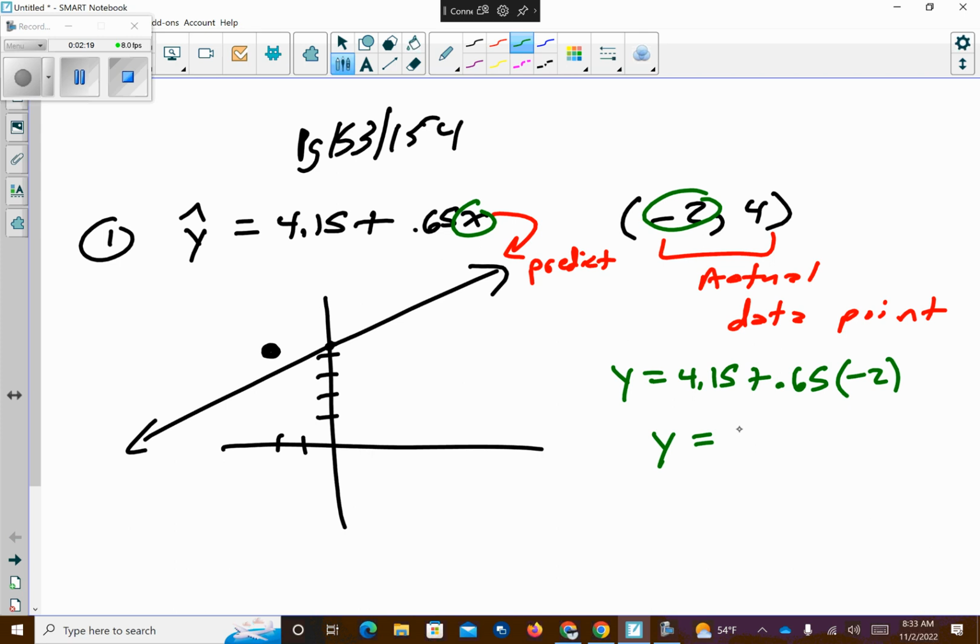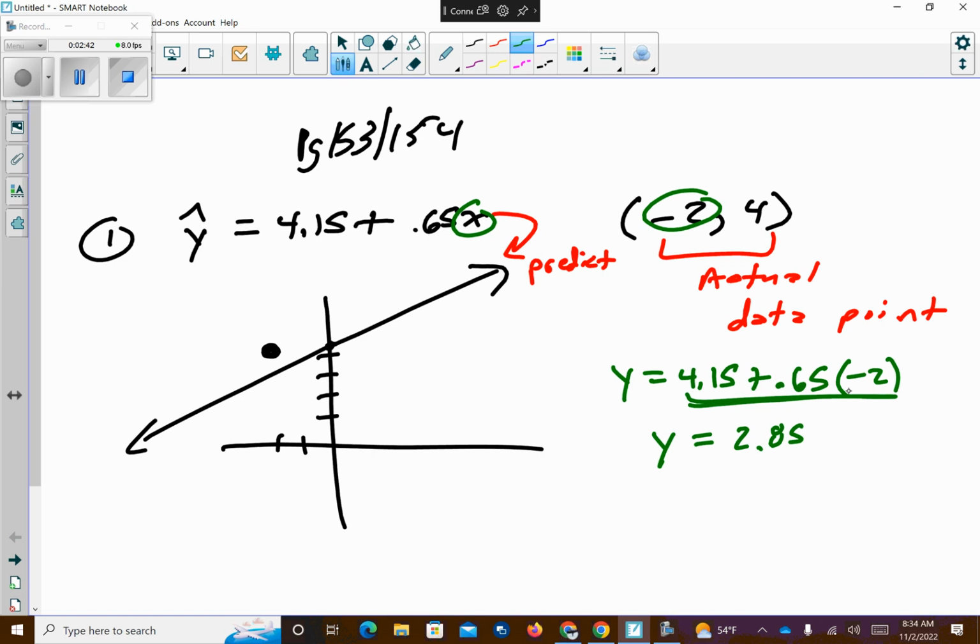Is it about 2.85? It is 2.85. That's what I'm showing. If you're doing it on your calculator or your phone, multiply this first and then combine 4.15 with that.